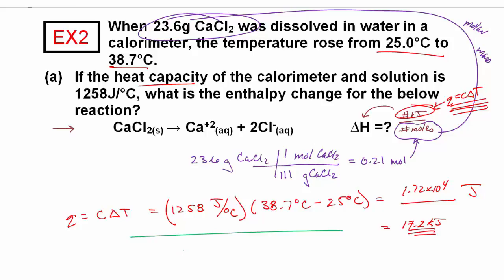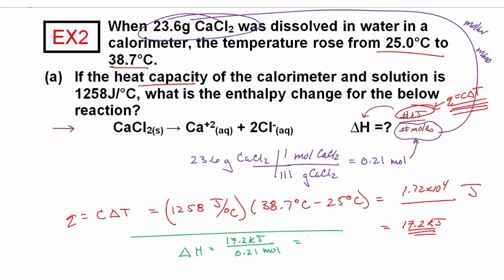So now I can finally get my delta H. My enthalpy for that reaction is going to be 17.2 kilojoules all over the number of moles, which is 0.21 moles. And if I wanted to leave my answer in joules, I think that would have been fine because they didn't really specify.